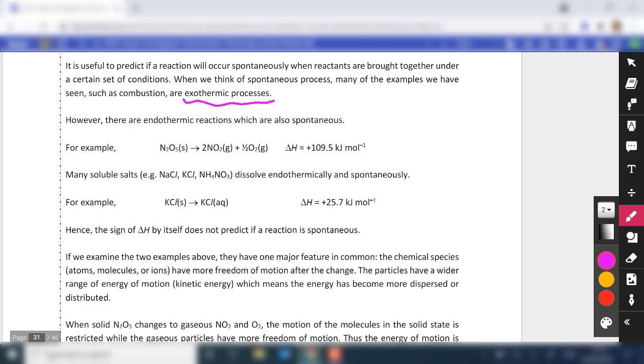That means whether a process is spontaneous or not has nothing to do with whether it is exo or endo. Of course it has something to do with it, but there is also another factor that affects whether the process is spontaneous. That's why we need to introduce this term known as the entropic term.